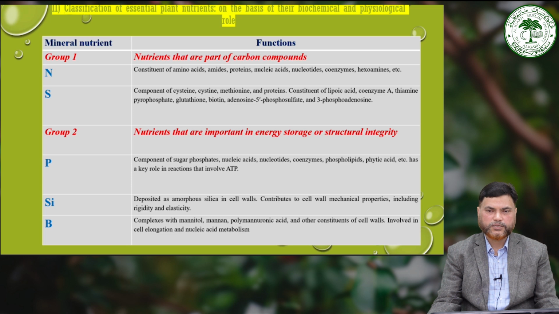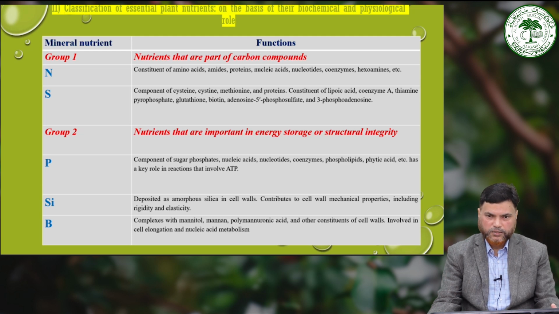Moreover, sulfur is also involved in the structure of lipoic acid, coenzyme A, thiamine pyrophosphate, glutathione, biotin, 5-adenylyl sulfate and 3-phosphoadenosine. So, both nitrogen and sulfur contribute significantly to the composition and functionality of numerous carbon based compounds essential for carrying out various biological functions.